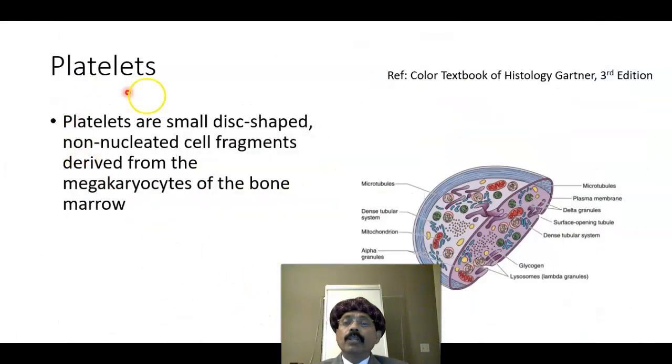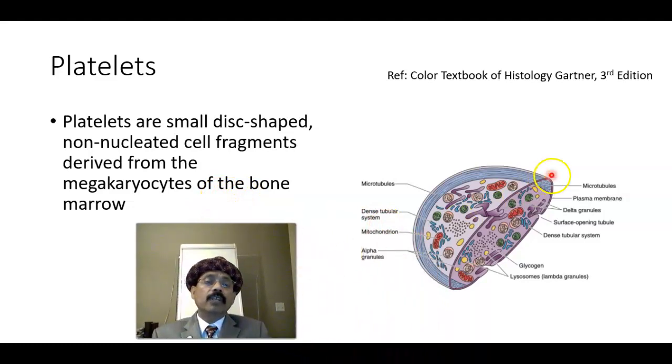Platelets are small disc-shaped, non-nucleated cell fragments derived from megakaryocytes of the bone marrow. We have to look at the platelet structure. Here is the microtubule formed by the actin. We also have the open tubular system here. We have the granules, alpha granules and delta granules.